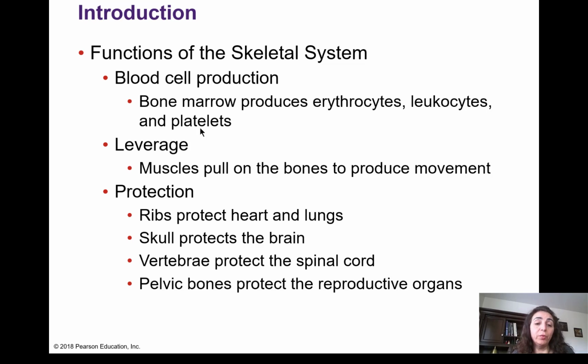For the heart and lung, we have the ribs that are protecting. As we discussed, we call it thoracic cage or rib cage. For the skull, that protects the brain, vertebrae that protect the spinal cord, and pelvic bones that protect the reproductive organs. We already have seen these parts and we have talked about these.